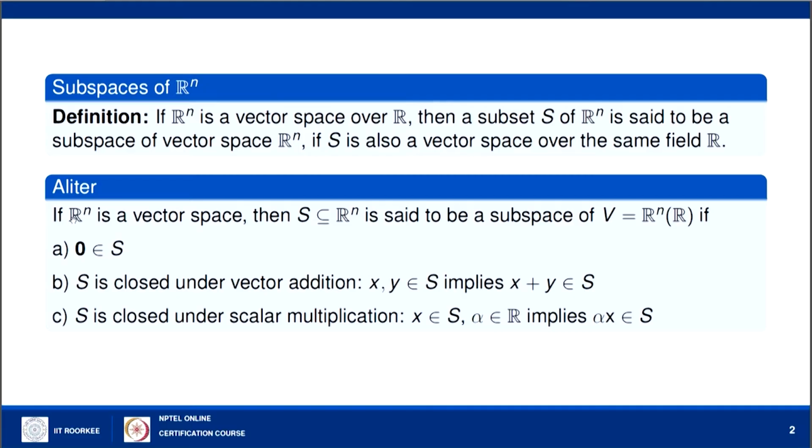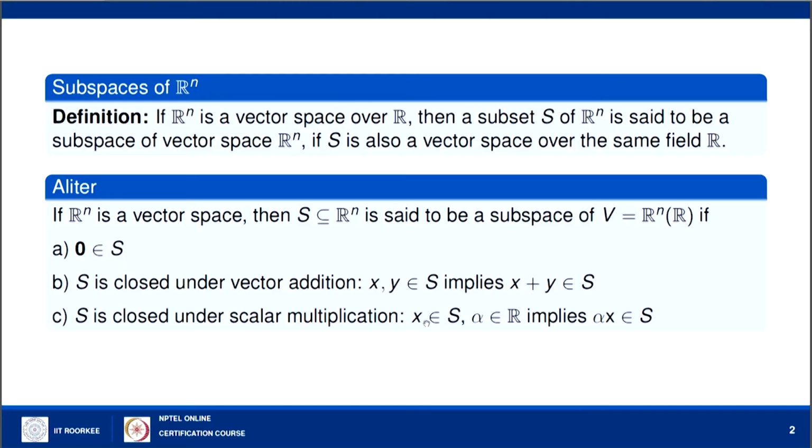The alternate definition of this can be given as, if Rn is a vector space, then a subset S of Rn is said to be a subspace of Rn over the field R if the 0 vector belongs to S. So, whatever 0 vector we are having for V or Rn, that is also part of S. S is closed under vector addition, that is if x, y are 2 vectors from S, then their addition x plus y is also a vector in S, and S is closed under scalar multiplication.